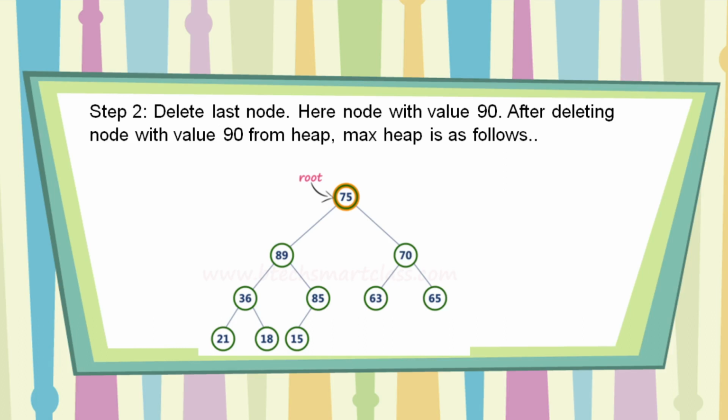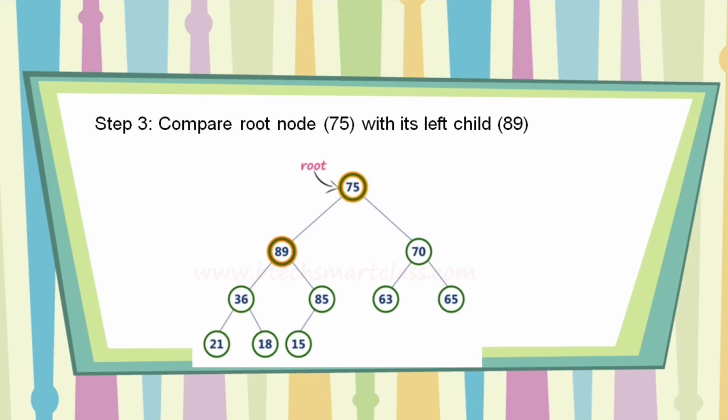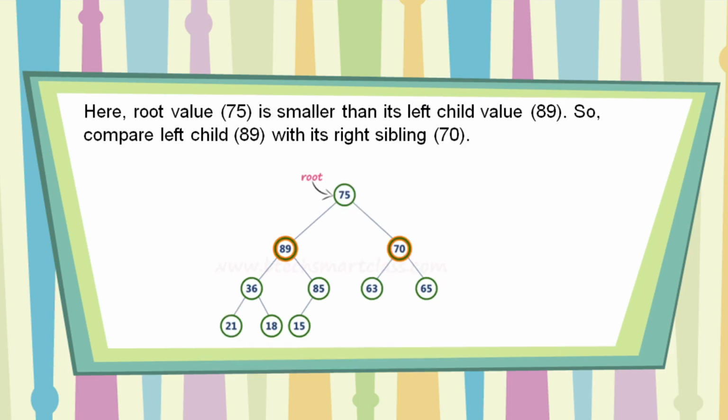Now the root value is smaller than its child. So we have to compare it with the left child and with its right sibling. The left child of 75 is 89. Its right sibling is 70.